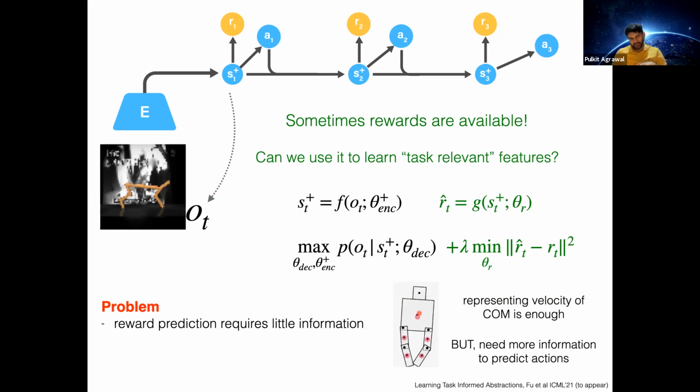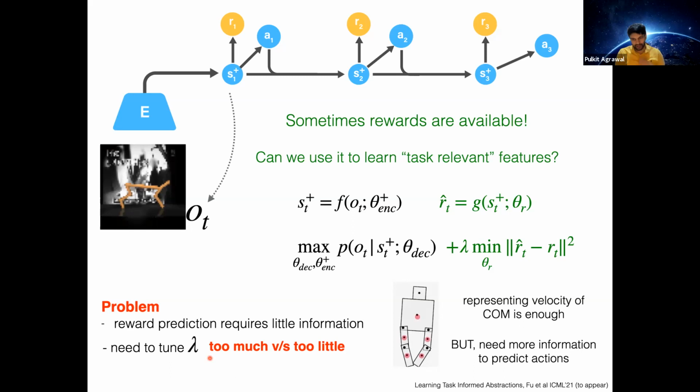So on one hand, reconstruction is maybe capturing too much information. On the other hand, rewards are capturing too little information. Therefore, we need to tune this term lambda, which is trading off too much versus too little. And this choice of hyperparameters becomes quite tricky.